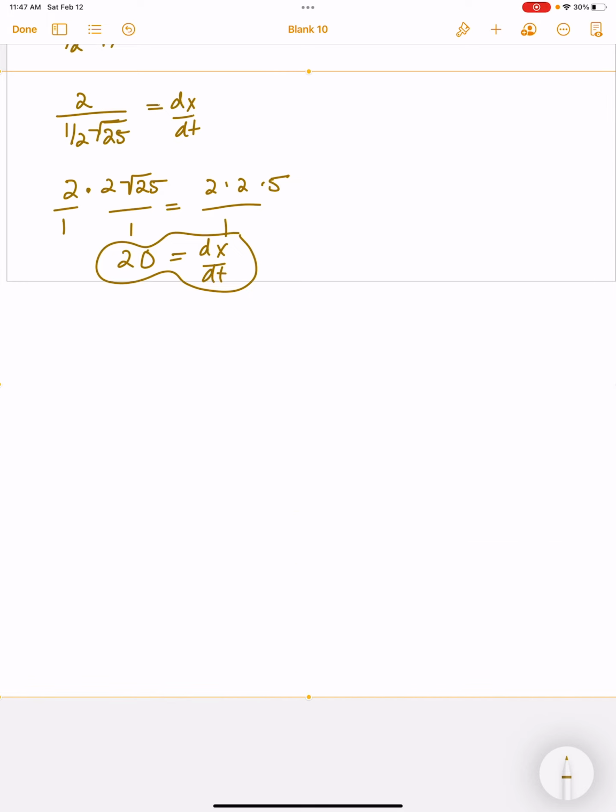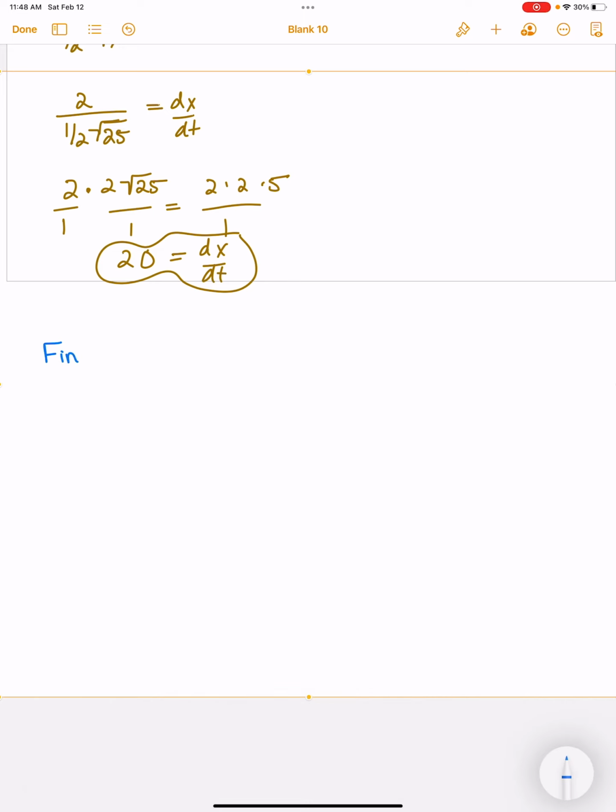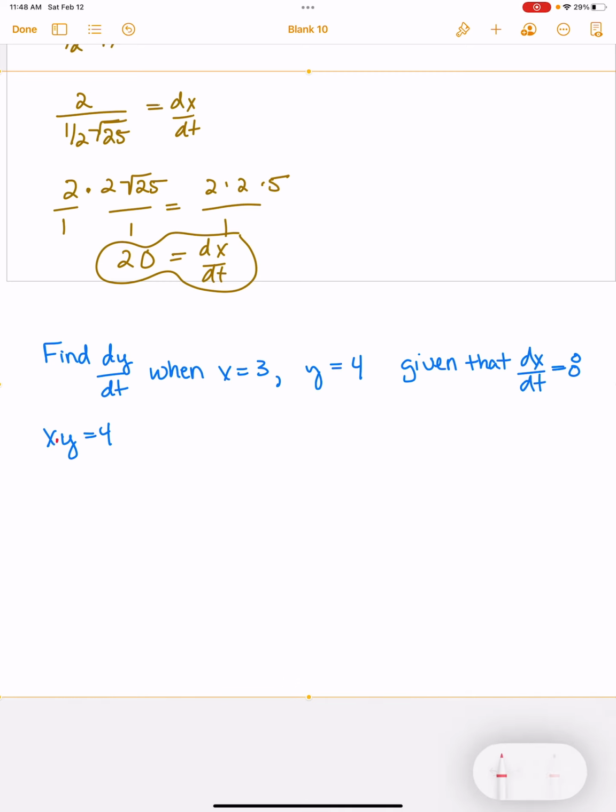Let's do: find dy/dt when x equals 3, y equals 4, given that dx/dt equals 8. Okay, so we have xy equals 4. Now what we have right here is a product.